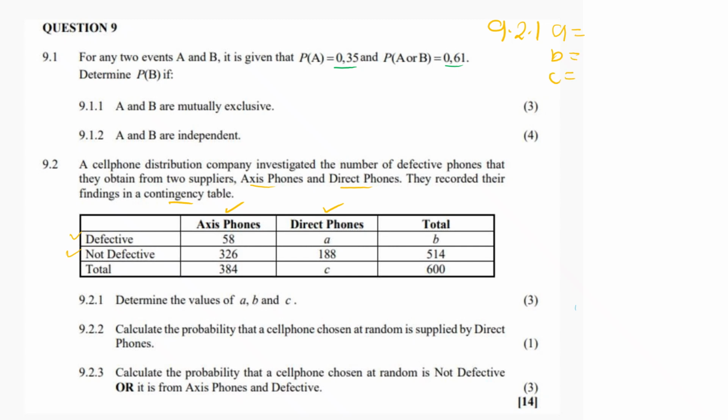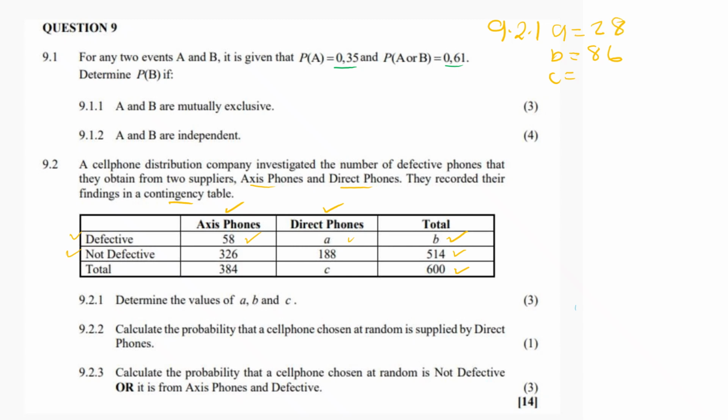For us to find A, how can we find A? We can first find B. We can say 600 minus 514 is equal to 86. That's for B, it is equal to 86. Now we can say this 86 minus 58 is equal to A. So our A is equal to 28.